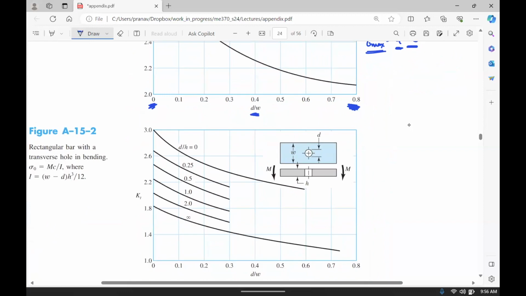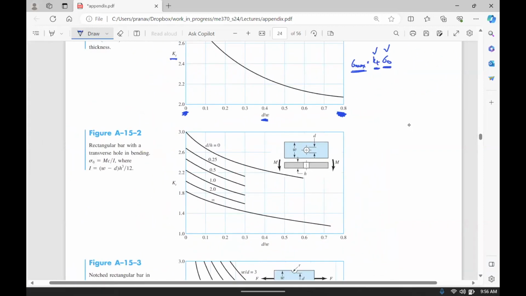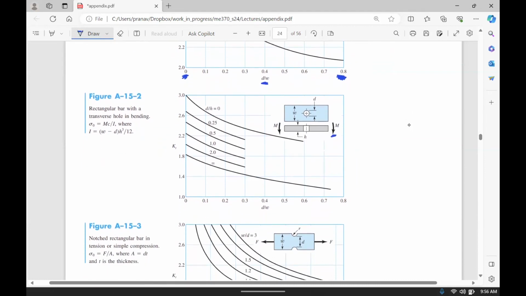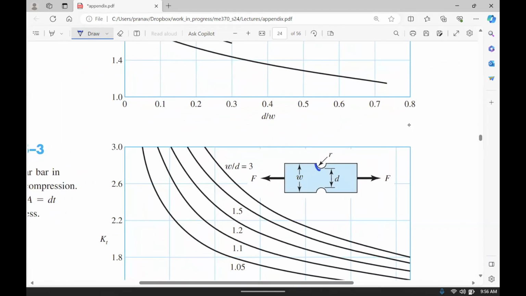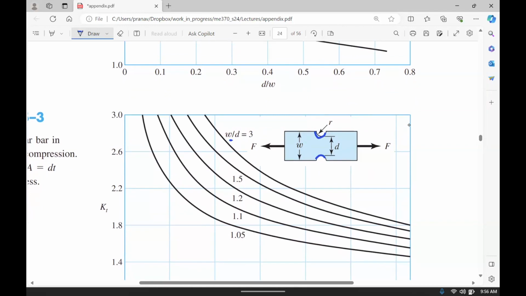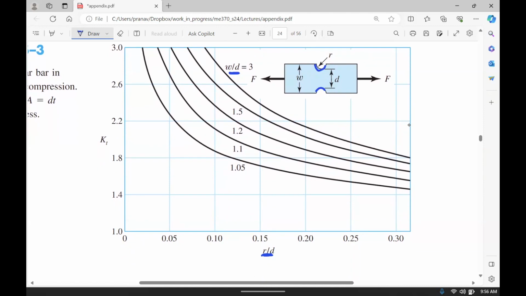So then we have the same plate with a hole, but now with a bending moment M. That gives you the stress concentration factor for that. This is a plate with a groove like this. Depending on the ratio W divided by D and R divided by D, you can compute what KT is.